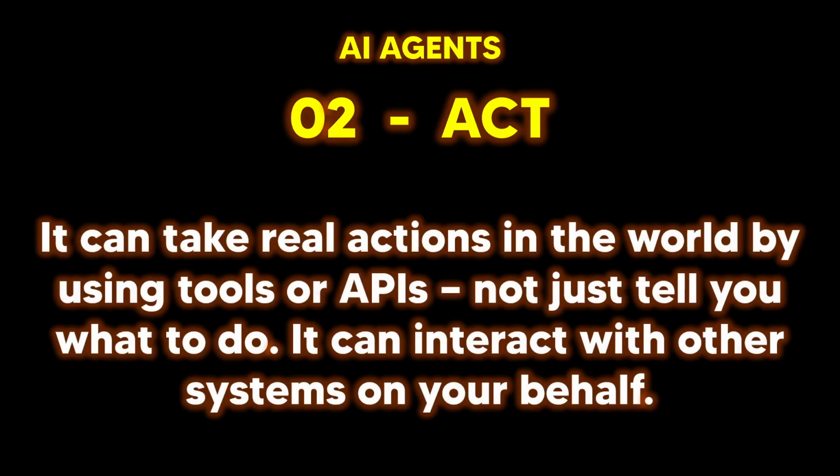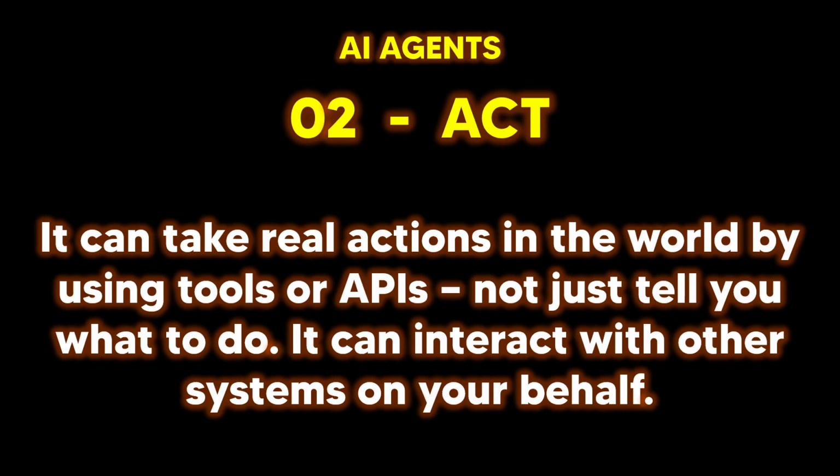And then we've talked about the act in this case. So in summary, it can take several real actions in the world by using tools or APIs, not just tell you what to do, right? Just like AI workflows, they tell you what to do, right? And AI agents take real world actions.